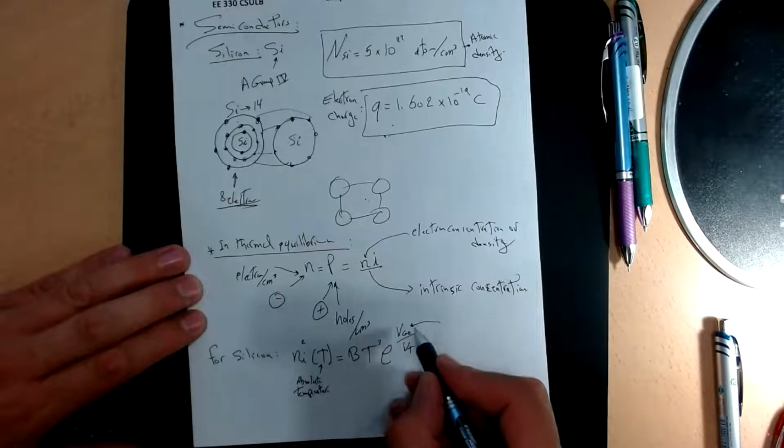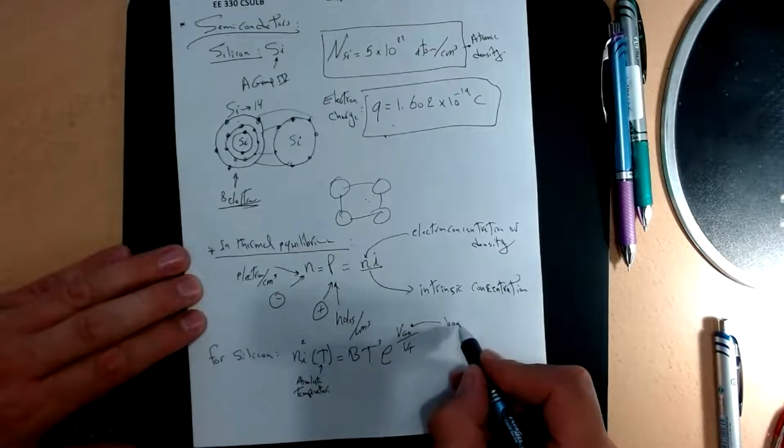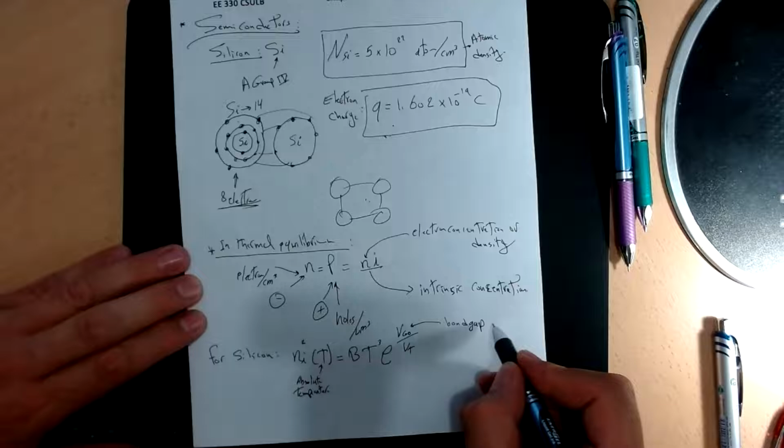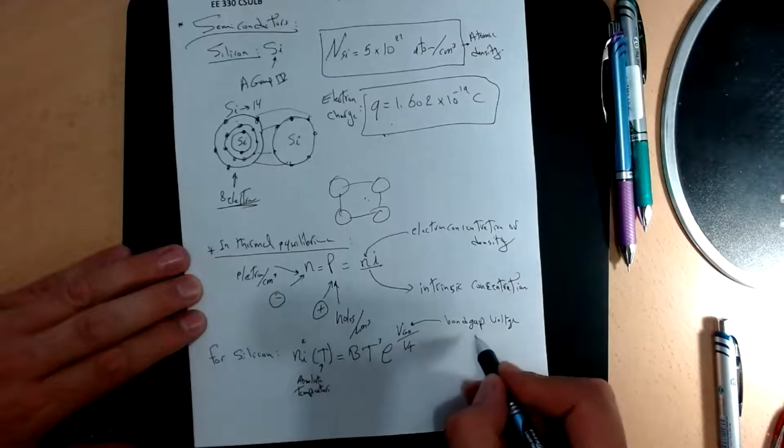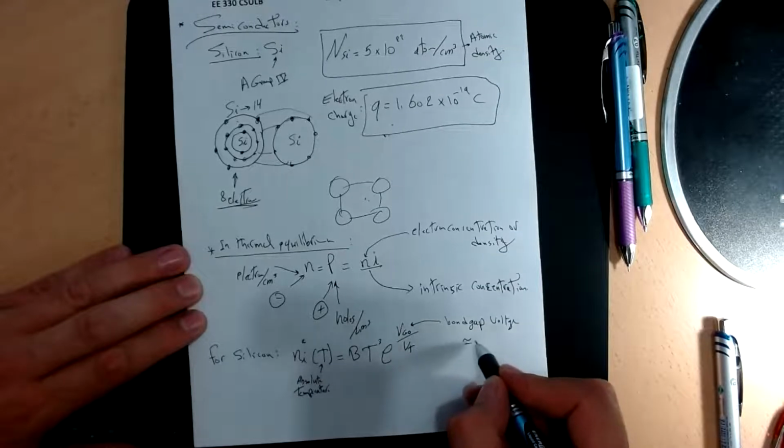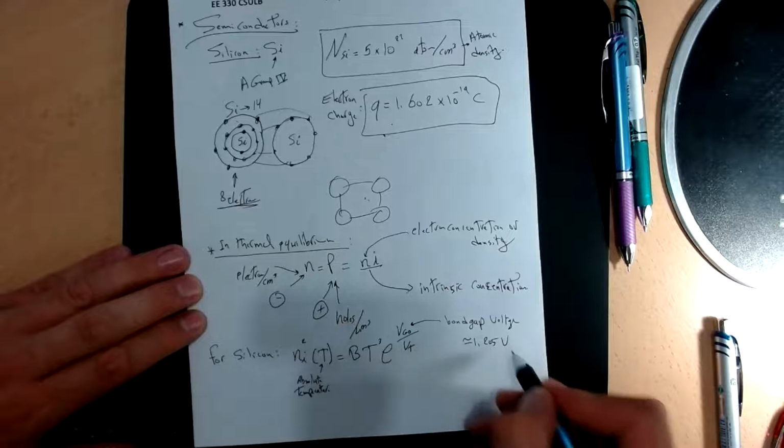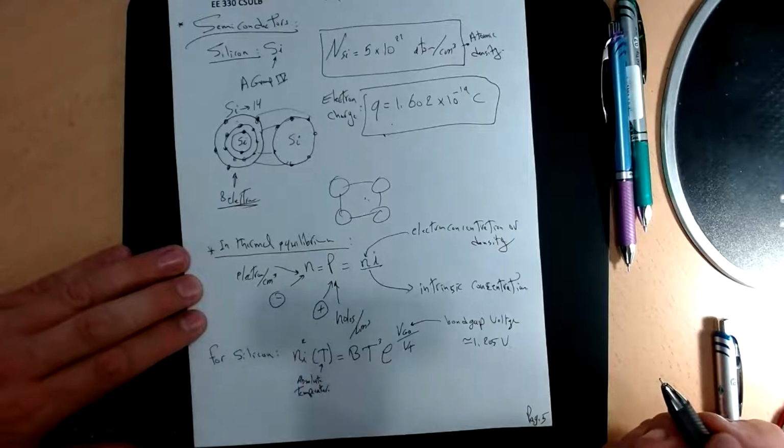This is the bandgap voltage, and usually is equal to 1.205 volts as a constant.